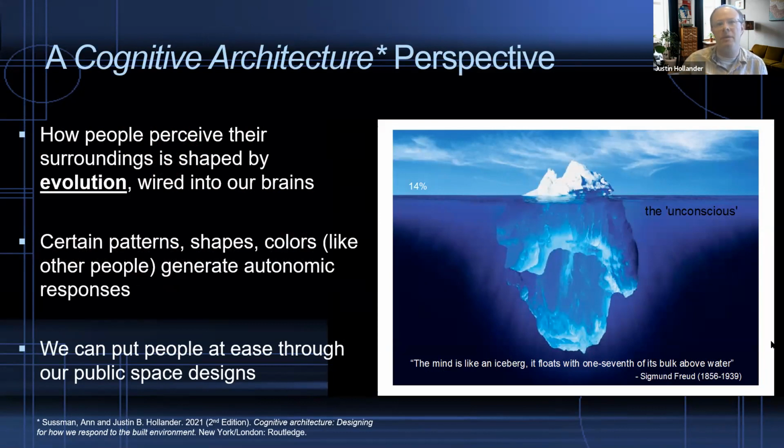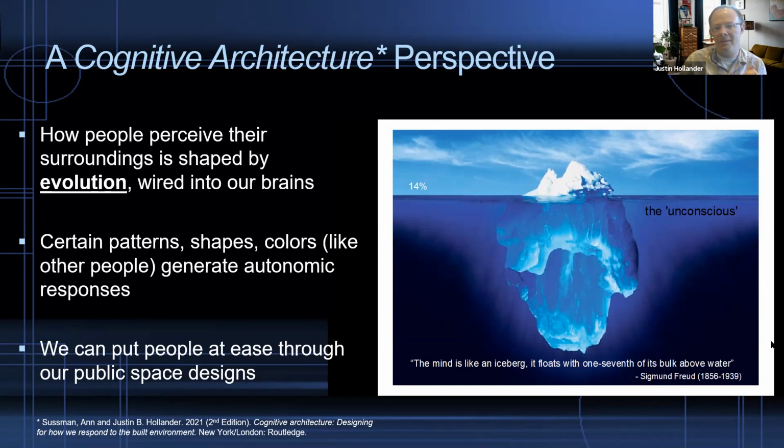That's how we evolved as a social species, and there's certain programming built into our brains that we're born with that makes us want to seek out, certainly looking at other people, but also certain patterns, shapes, colors. And when we see these, in our mind an autonomic response is generated. And so it can put us at ease, it can make us feel more comfortable, and we can grow and develop in a healthy way.